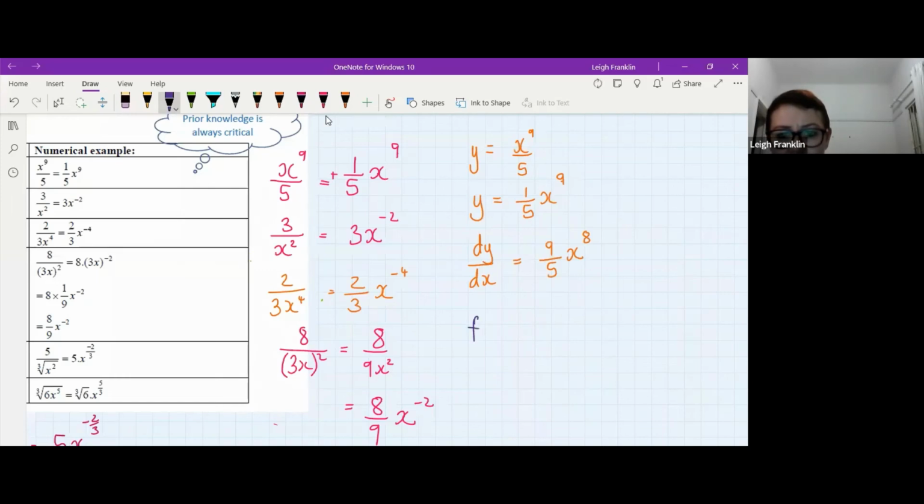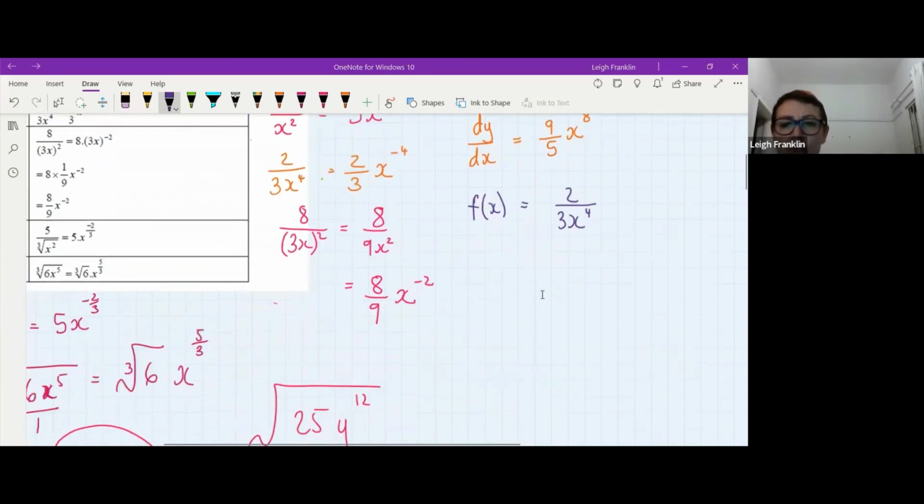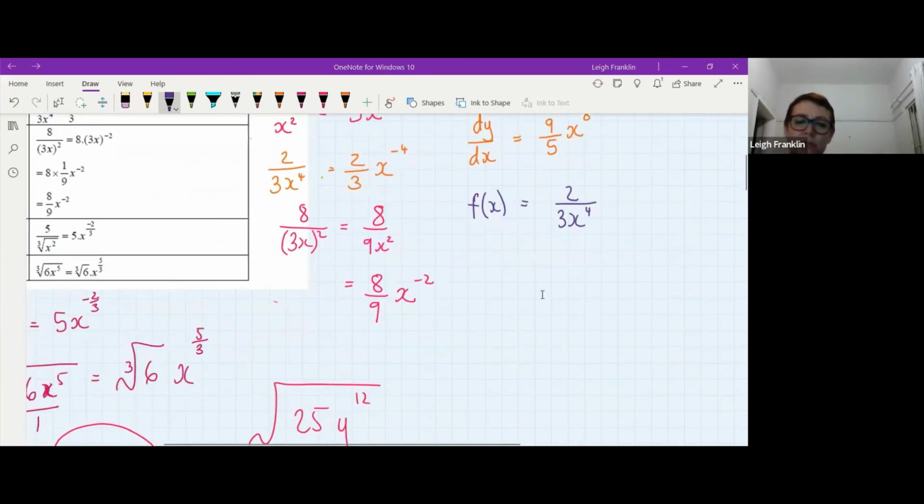So if they give us f of x is 2 over 3x to the power of 4, I cannot write f prime x until I apply the power rule. The power rule is when you are multiplying the exponent by the coefficient and taking 1 away, all right? So I still have to write f of x until I'm ready.